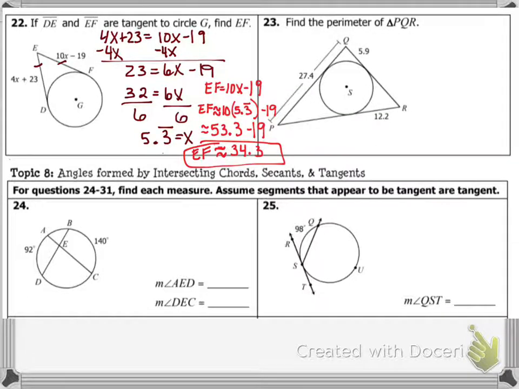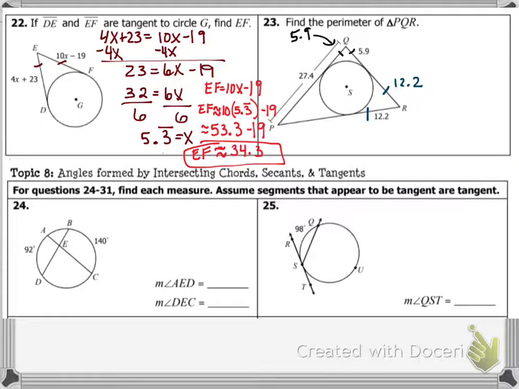So you might notice that we actually have 3 different tangent lines going on here. And according to the rule that we just used about them needing to be congruent, this length here is 12.2, so this also has to be 12.2. And if this one here is 5.9, then this one also has to be 5.9.